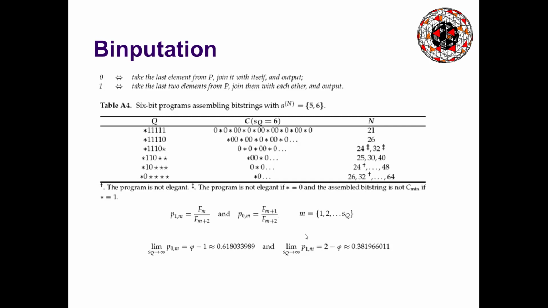So it turned out that the subsequent strings, the strings generated by the program defined like this, have lengths that can be expressed as a product of Fibonacci numbers, and revealed a golden ratio also.